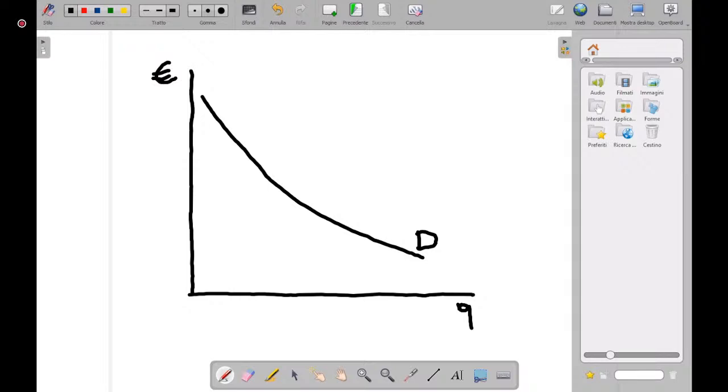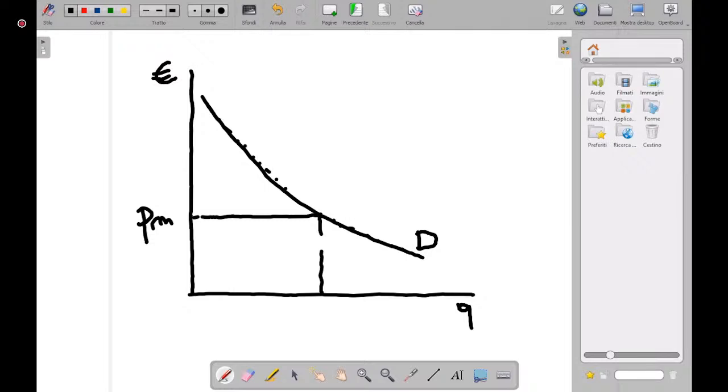Okay? If I have a market price equal to this, here I have willingness to pay above the market price, here I have willingness to pay below the market price.